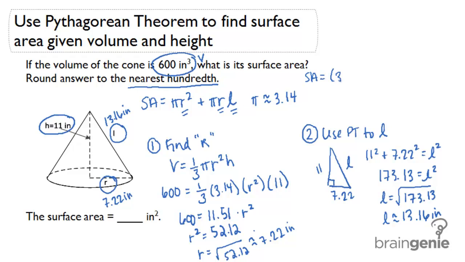Surface area equals 3.14 times 7.22 squared plus 3.14 times 7.22 times 13.16.